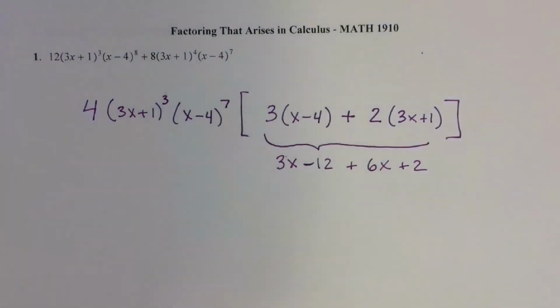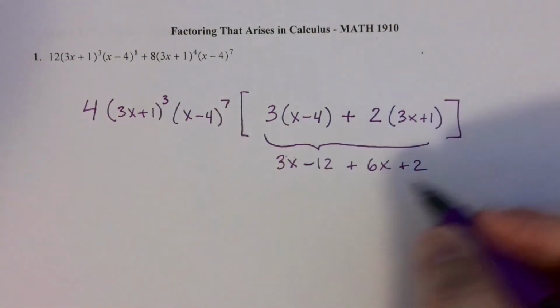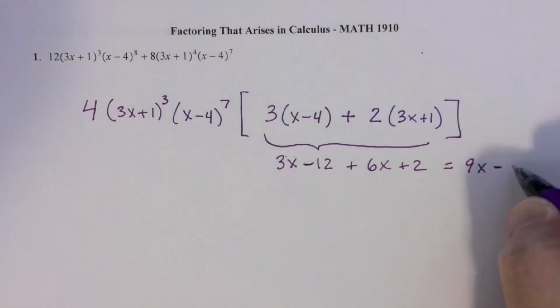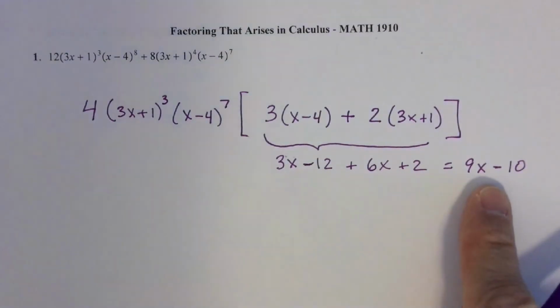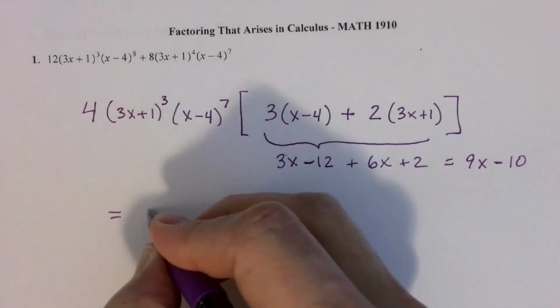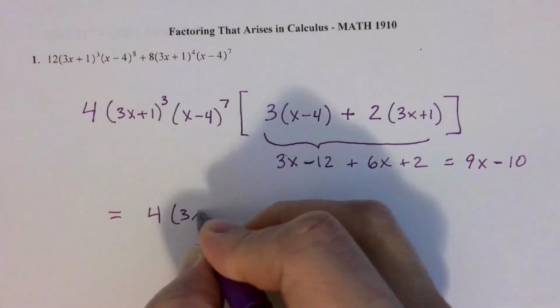And then I can combine like terms, right? I've got 3x plus 6x, that's going to give me 9x. Negative 12 plus 2 is negative 10. And there is this simplified factor. So let's rewrite this now in its final factored form.